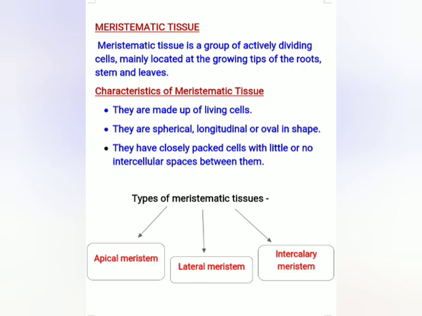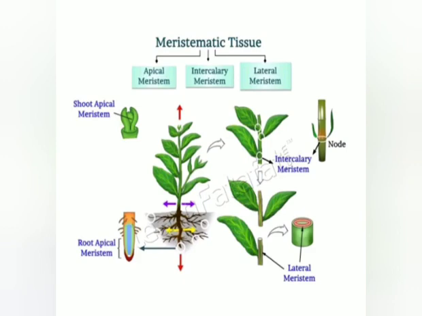They are spherical, rectangular or oval in shape, and they are closely packed cells with little or no intercellular spaces between them. Meristematic tissues are of three types: apical meristem, lateral meristem, intercalary meristem. Here the picture is showing the different parts where different types of meristematic tissues are present.